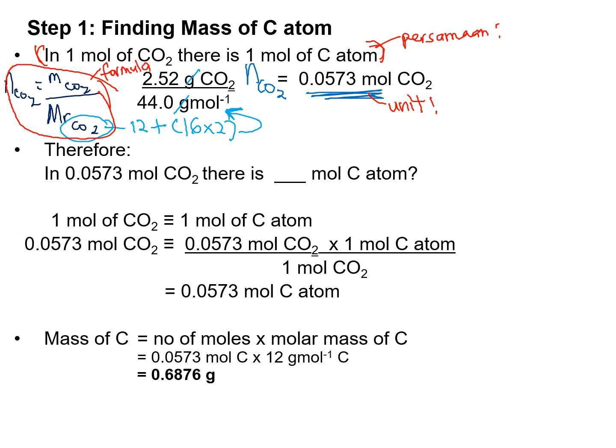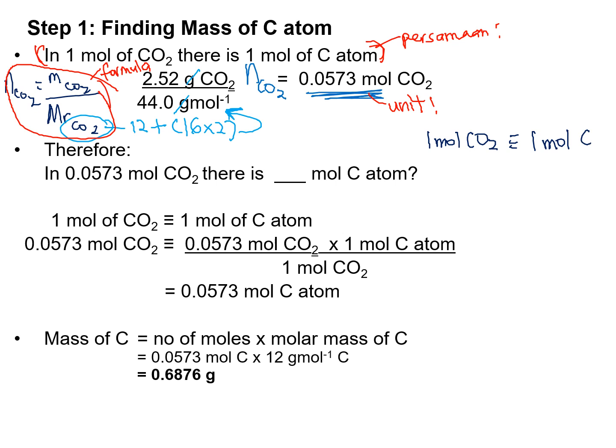Okay. Alright, next. Kita dah tahu dah number of mole of carbon dioxide ni 0.0573 mole. Okay, habis tu macam mana lah nak tahu berapa mole untuk carbon atom? So, bolehlah buat. Kita tahulah 1 mole of carbon dioxide kan is equivalent to 1 mole of carbon atom.